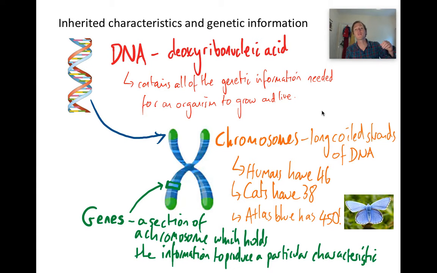So maybe the fact that the organism we saw on the last slide had got a red nose, maybe that section controls whether or not we have a red nose or not, or what colour our hair is. Those characteristics are all stored in a specific section of DNA, and that's a gene. So a gene is a section of a chromosome, and chromosomes are made up of DNA.